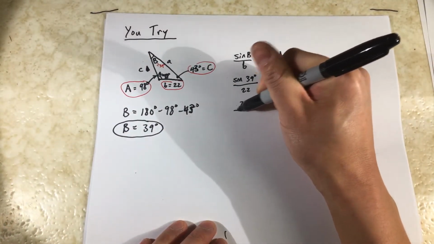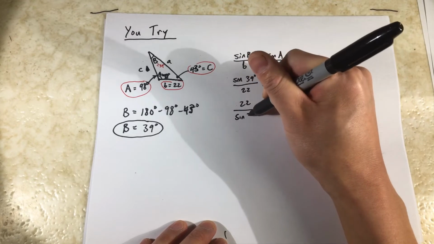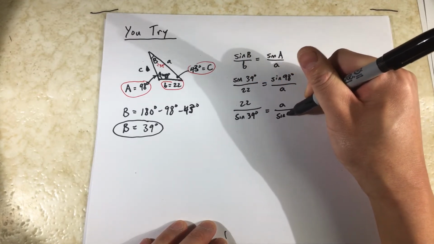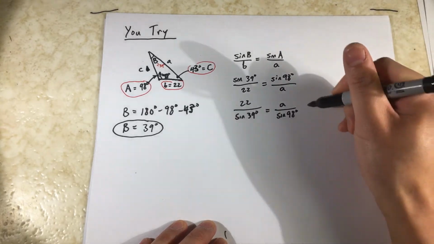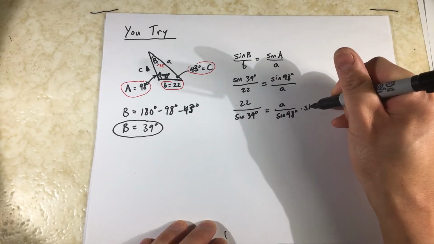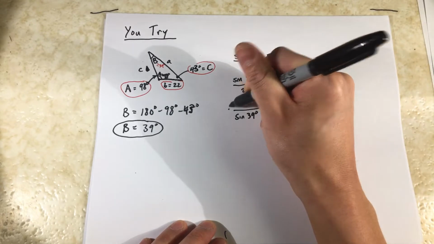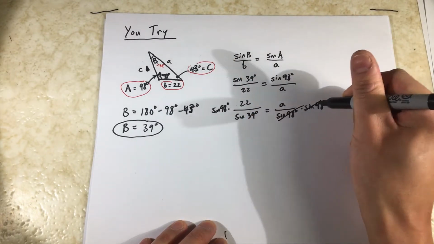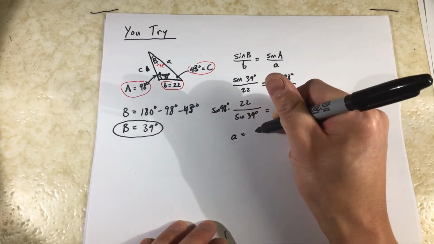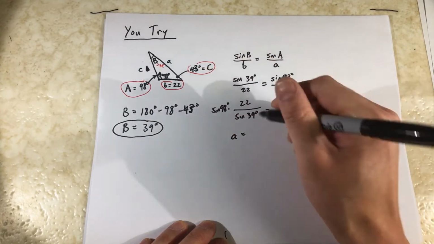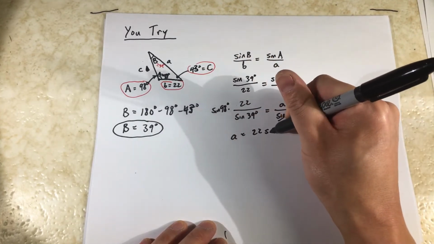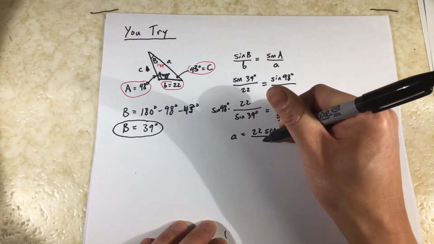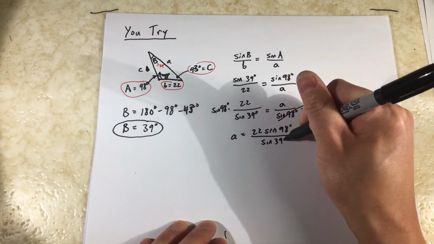So I get 22 over sine 39 degrees equals a over sine 98 degrees. Then I'm going to multiply both sides by sine 98 degrees. Cancels out there. So a is equal to, again, I always like to put the number in front of the sine. So it's 22 sine 98 degrees over sine 39 degrees.